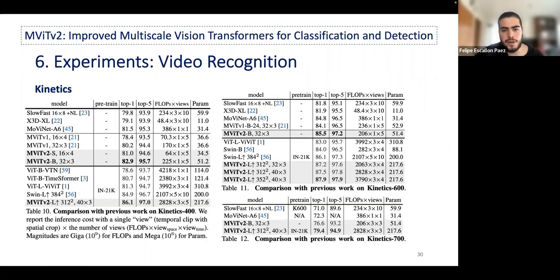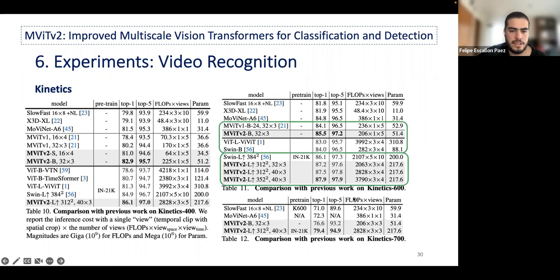So in video recognition, there's not much to discuss. They, once again, establish themselves as the state of the art, but there are some things we can see in these results. Now they are using the pre-training they didn't use in their last iteration, and they make some tweaks that they did not make before.